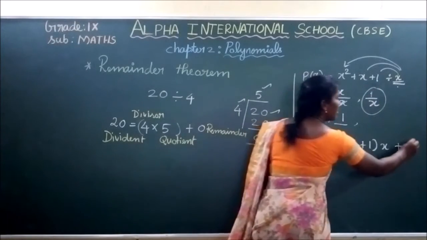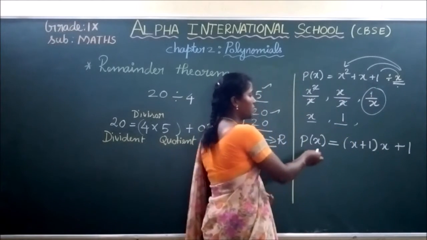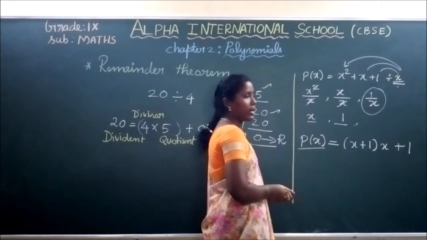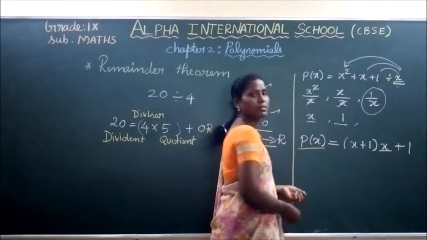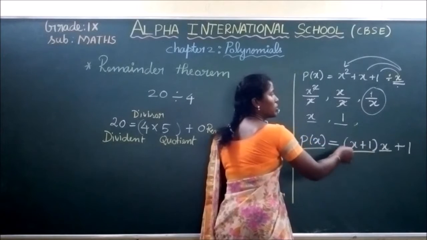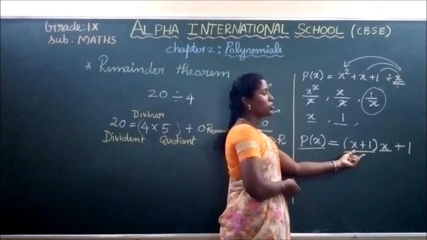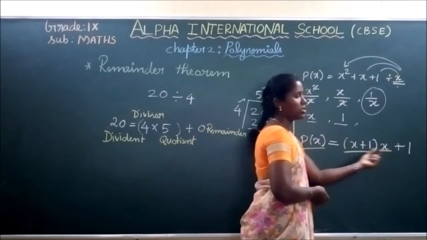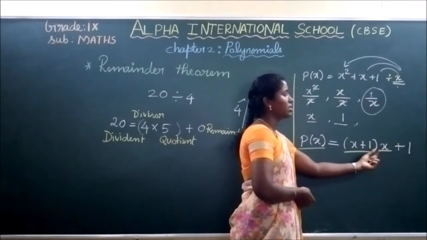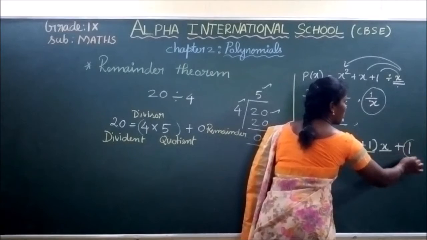It is called the remainder. Look at the relationship here: p of x is the dividend, x is the divisor, and the quotient is x plus 1, with remainder 1.